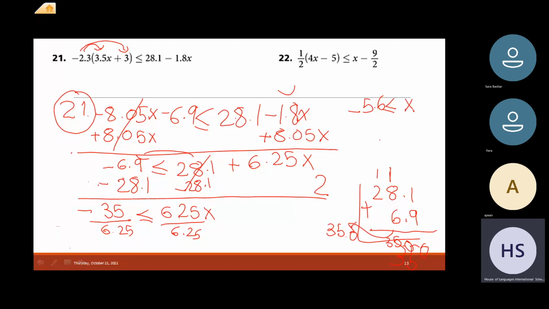Now continue. You have to graph. There's no space to graph. We need to switch it.